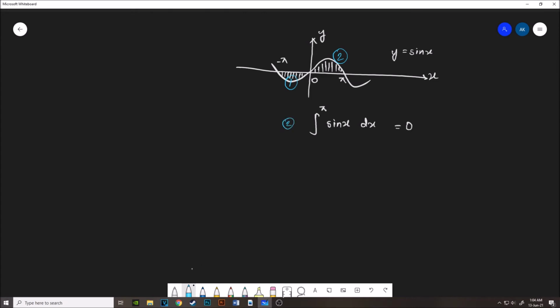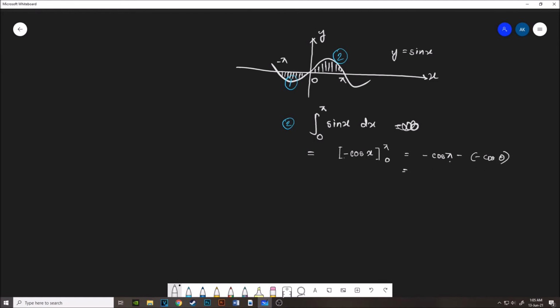So I'm going to integrate from 0 to pi, and sin x integration is basically minus cos x with limits pi and 0. And we know that we first put the value of the upper limit minus the value of the lower limit.